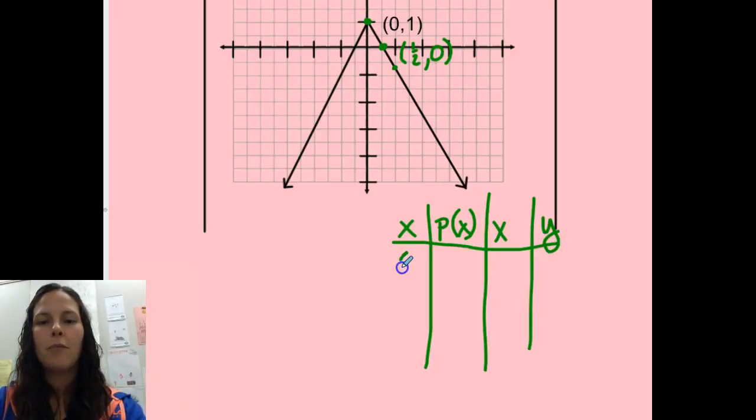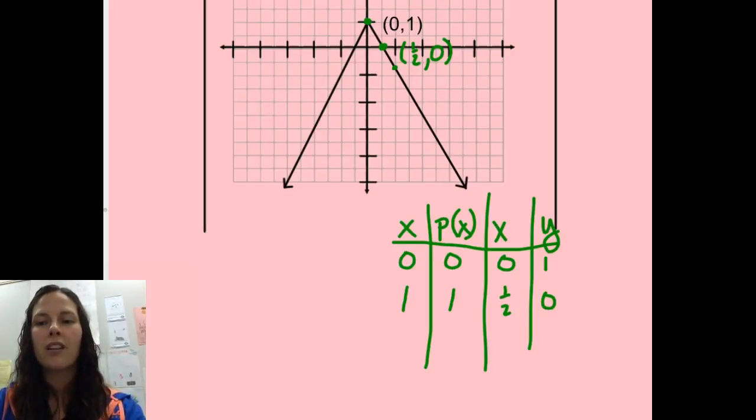All right, my 2 parent function values, since I'm starting with the critical point and 1 point off to the right would be 0, 1. The parent would leave them alone, the absolute value function. My 2 x values are 0 and 1/2, and my y values are 1, 0.